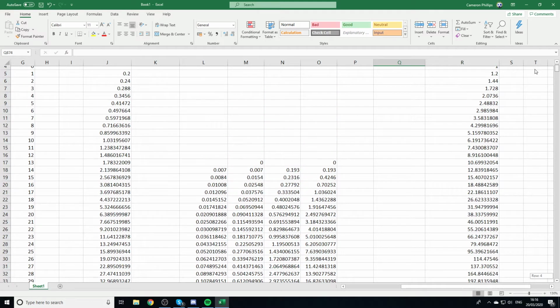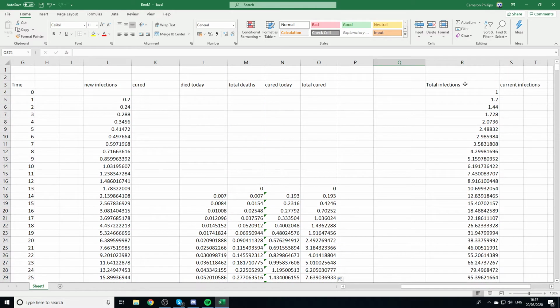Okay, now at the minute we're still working out our new infections based on our total infections, but that isn't really what we need to do. We need to work it out actually on our current infections. So our current infections are going to be how many people are totally infected.